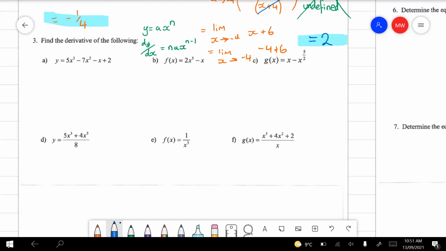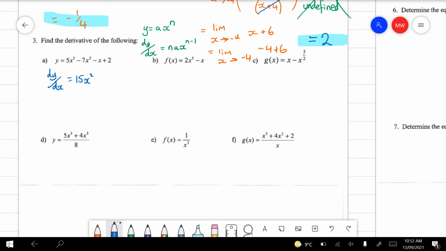So if y equals that, then dy/dx is going to be 15x squared. Remember, so it's this one here times this one, and then this one minus 1.